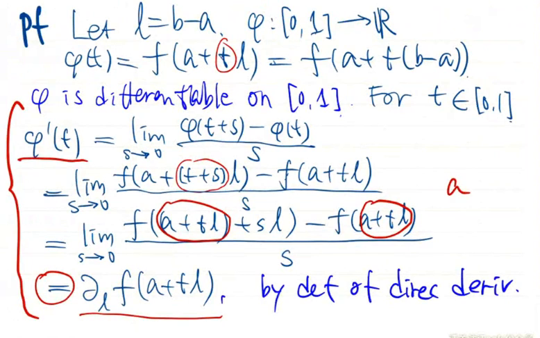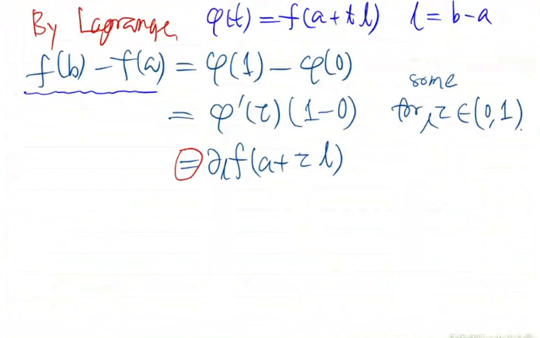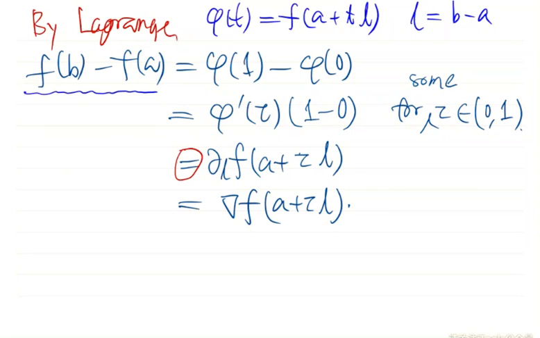Now by our relation between directional derivative and the gradient, this is actually the gradient of f at the point a plus tau L, inner product with L, and L is b minus a, so we can replace this L by b minus a.